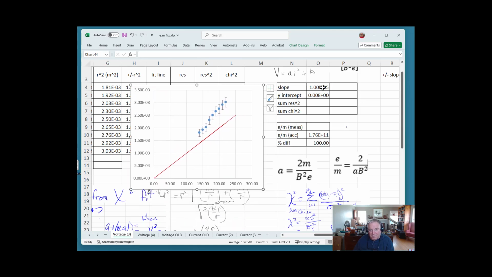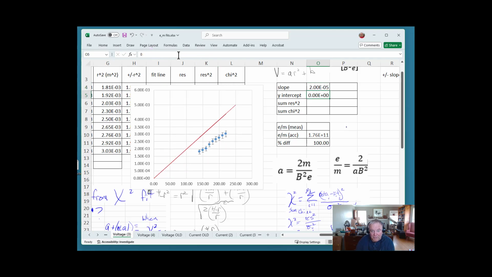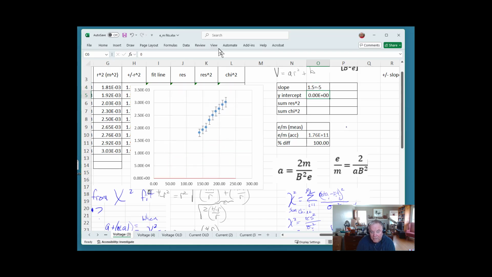So, this could be a little bit bigger. I don't know if it's doubling it. Doubling is too much. So, 1.5 E minus 5. Whoopsie.